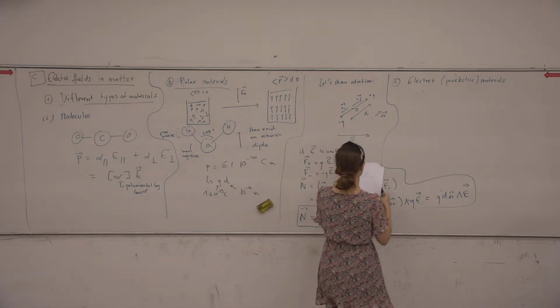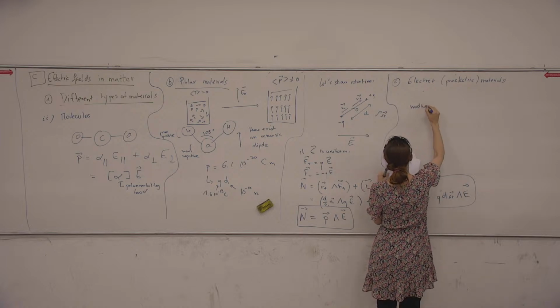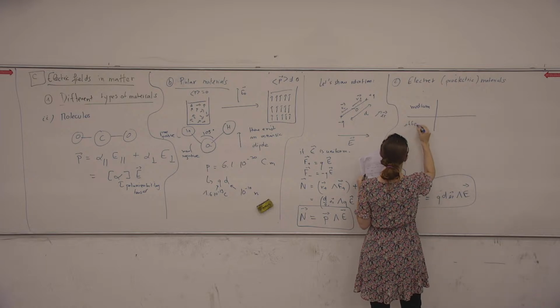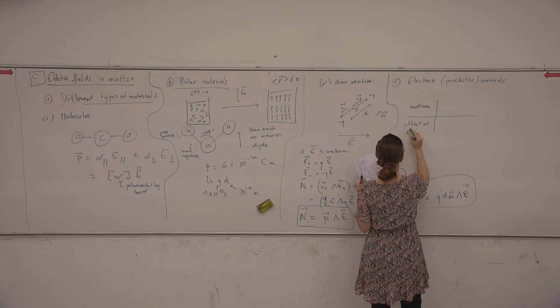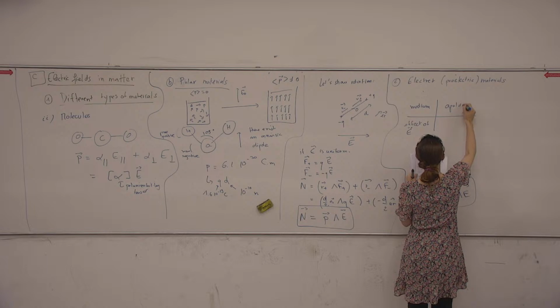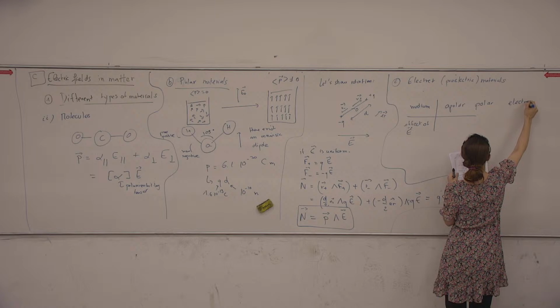So if I summarize, I have three types of media which I can classify according to the effect of an external E. I have apolar, polar, and electret.